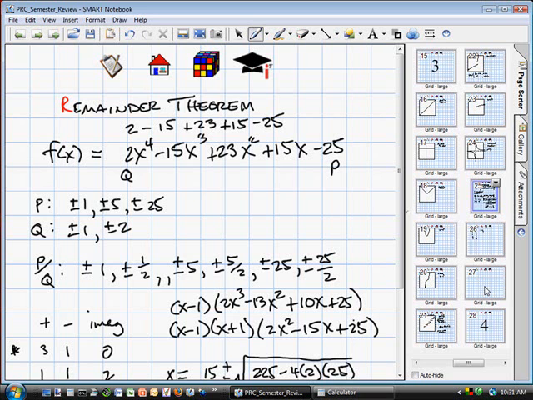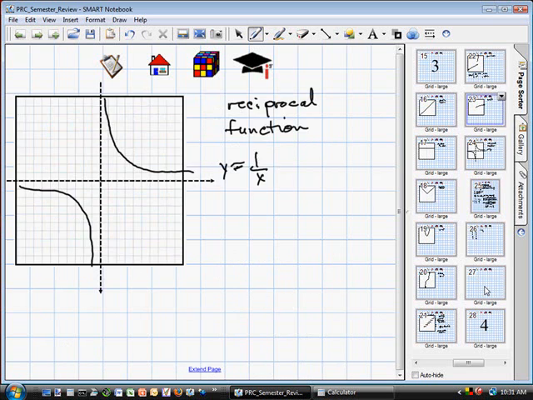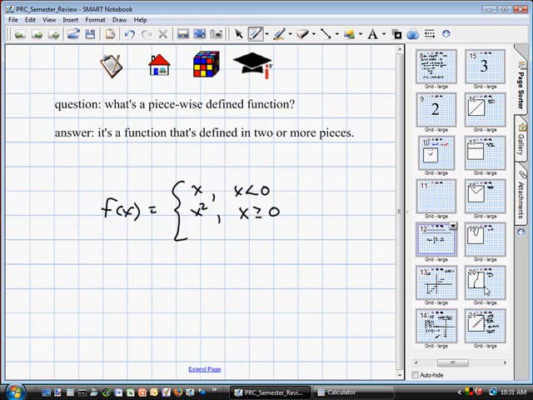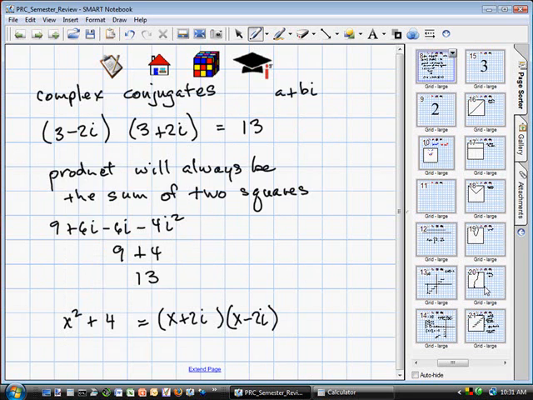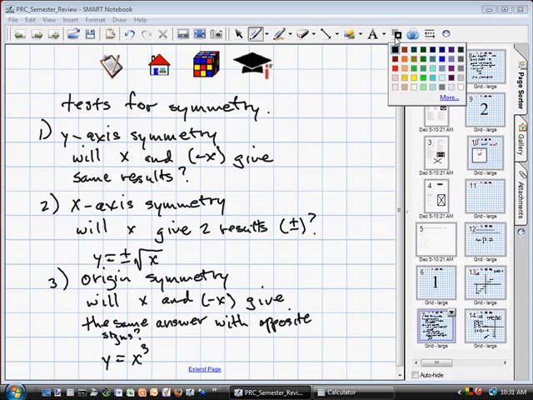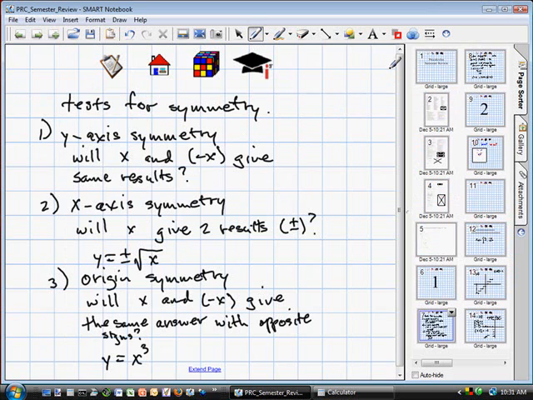I think we did a slide yesterday on symmetry. So I should just add on here from yesterday. That's an even function.